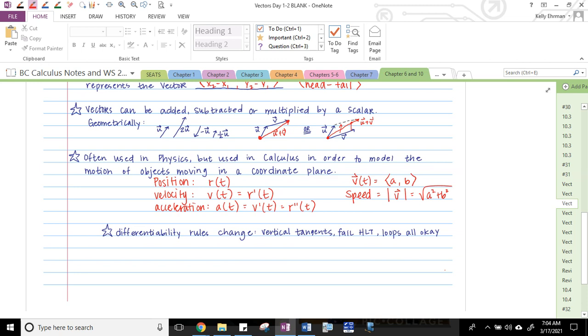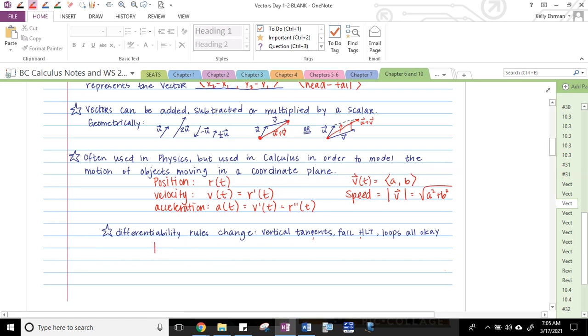Some differentiability rules change. We might have vertical tangents. We might fail the horizontal line test. We've already looked at parametric curves that cross themselves that aren't actually functions at all. So all of that is okay. Some of these things would have caused us to not be differentiable, but the one thing that we can't have still are cusps or sharp turns.